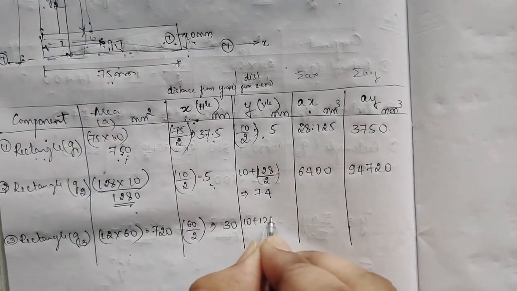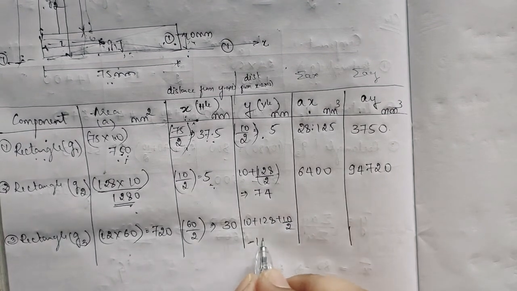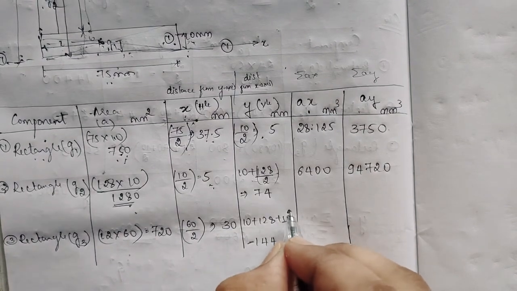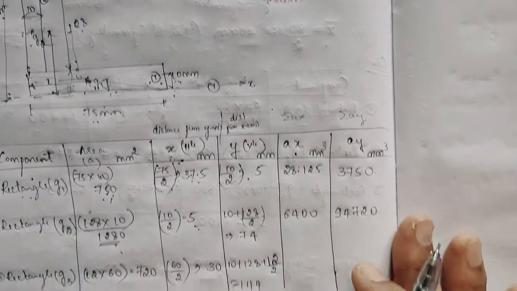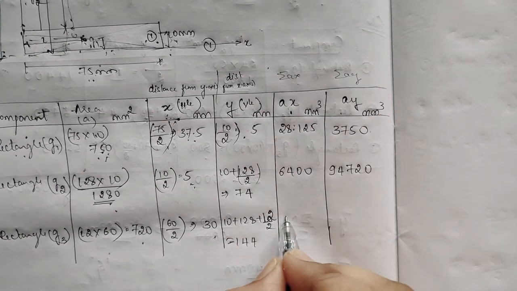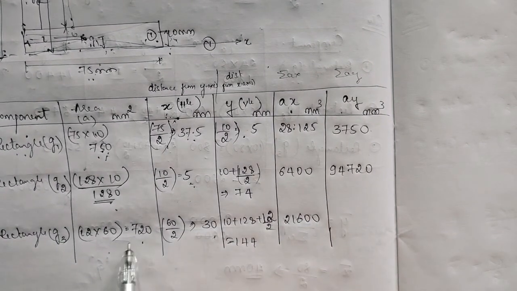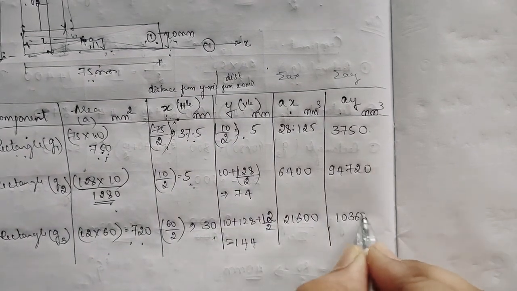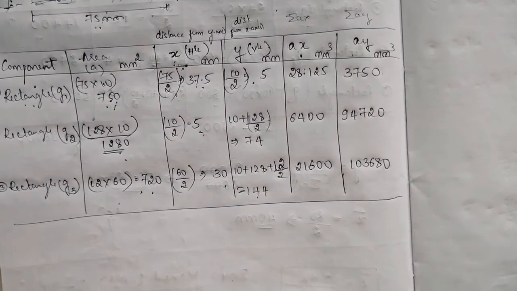It is around 144. Now 720 into 30 is 21,600. And 720 into 144 will be 103,680. Okay, so we did the tabulation.